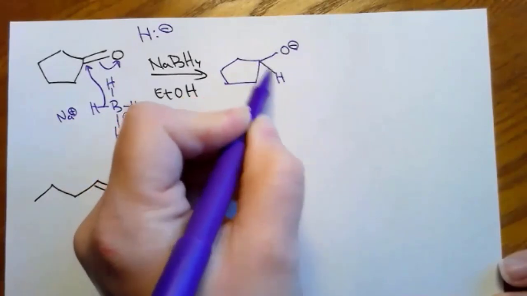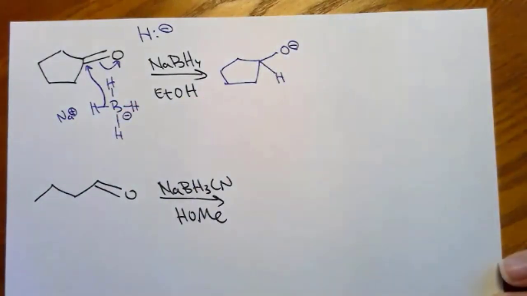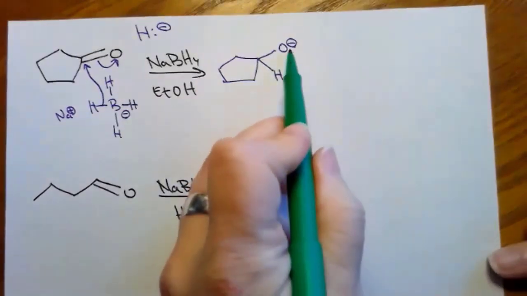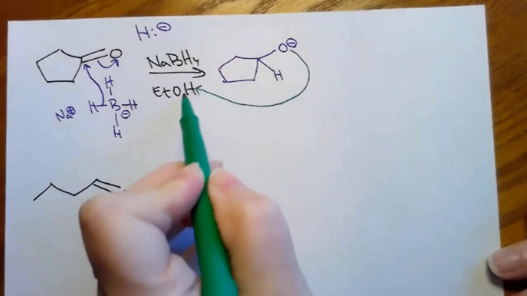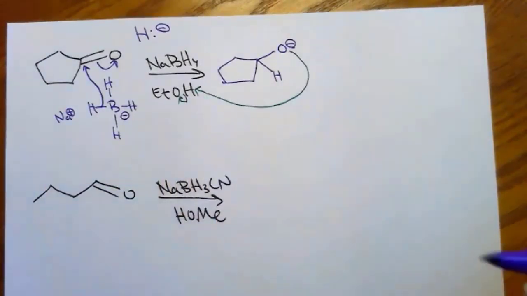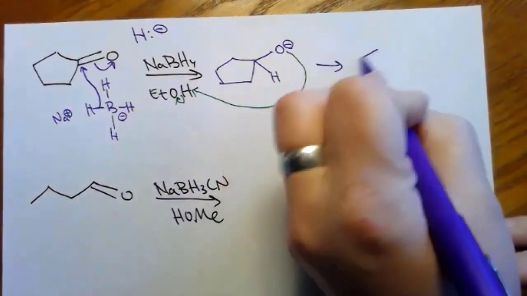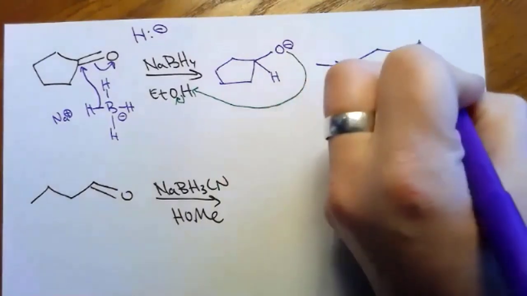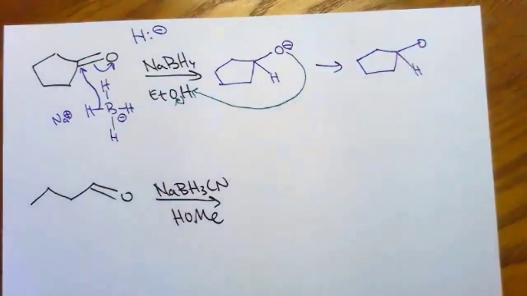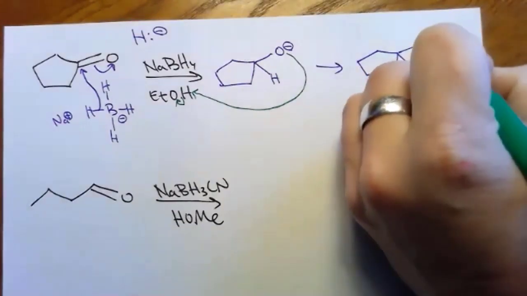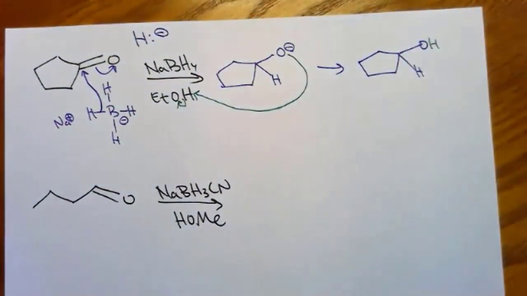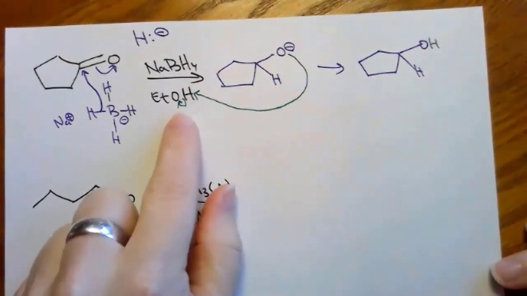We get an H attached to what used to be the carbonyl carbon. And then that O- gets protonated. This one gets protonated from the solvent. It's common for us to do acid workup in these, just like we did acid workup in all of those Grignard reactions, but this one didn't need acid workup because I added a protic solvent to my mixture.